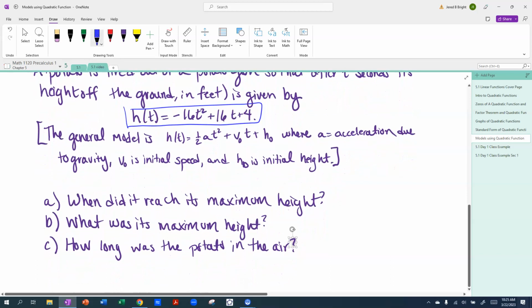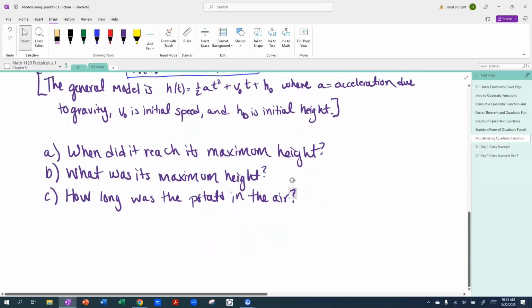So A is acceleration due to gravity, V naught is initial speed, and H naught is initial height. Okay, so this is saying we're under Earth's gravity, 16, so it's initially traveling 16 feet per second, and then it's fired from a height of 4 feet. That's really what this model is saying.